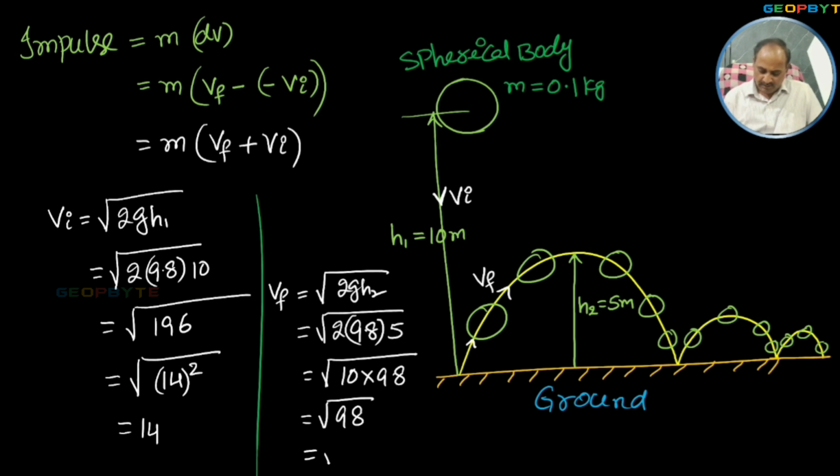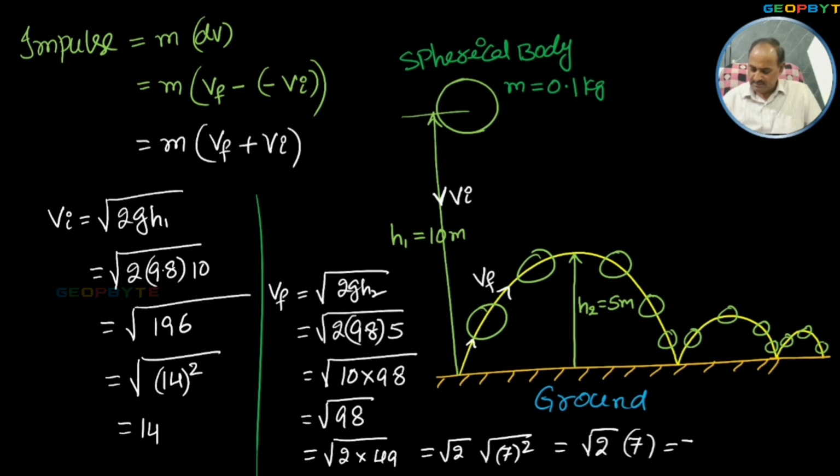This root 98 I can write as root of 2 into 49, equal to root 2 into 7, that is 7 root 2. Of course, root 2 has value 1.414. That is the final velocity, and 14 is the initial velocity.